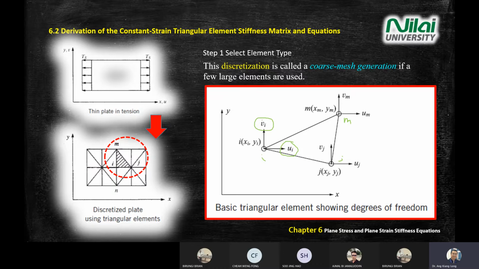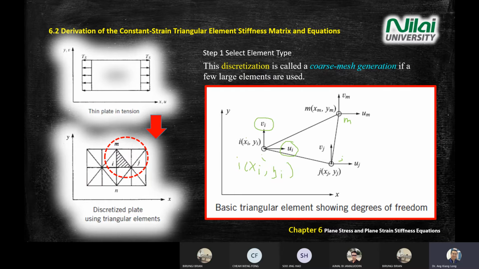So one point will have two displacements, and the coordinate of that point I will give you XI, comma, YI. This is the Cartesian coordinate.